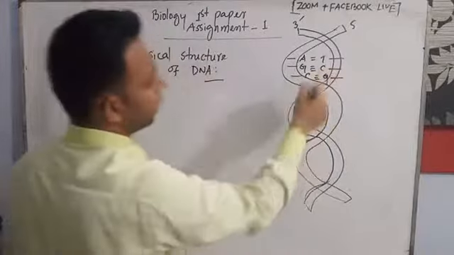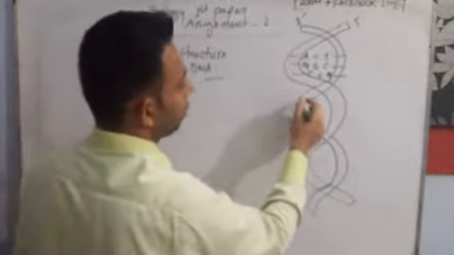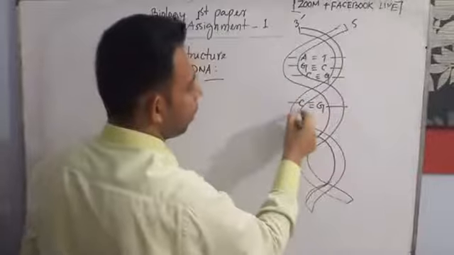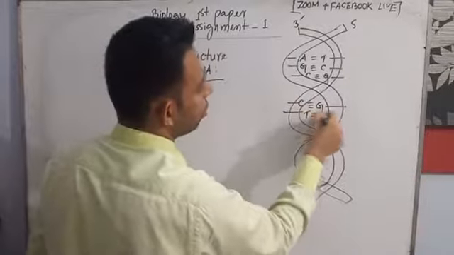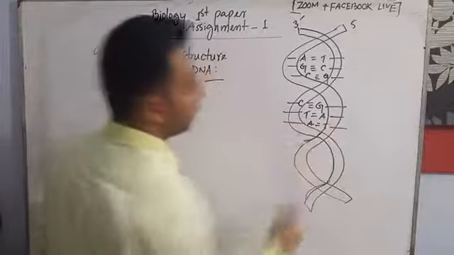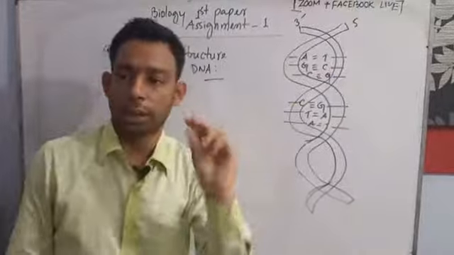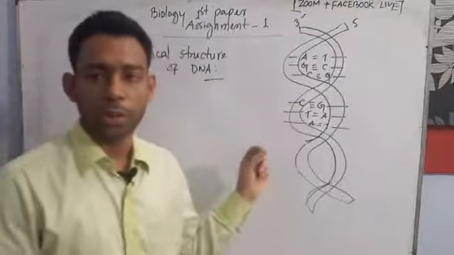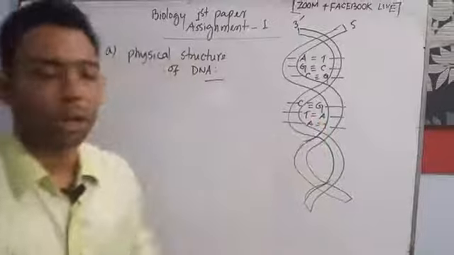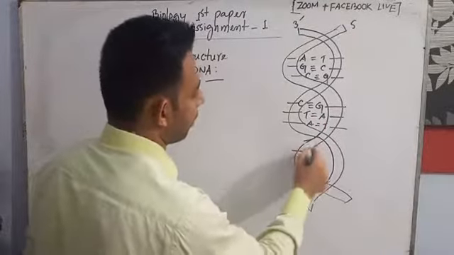It is not mandatory, sir, whether I give ATGC in that order or not; it is your own choice which one you write first. But keep in mind, when guanine pairs with cytosine, there is a triple hydrogen bond between them, and when thymine and adenine pair, there is a double hydrogen bond. You can draw it accordingly.